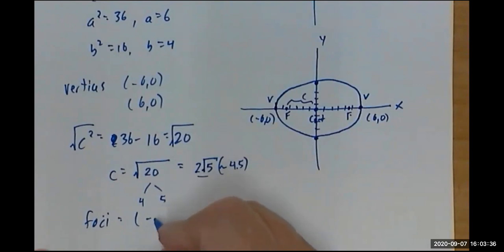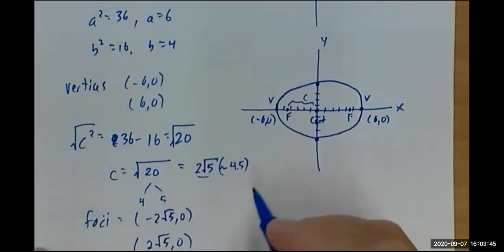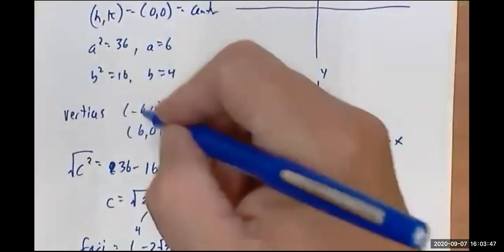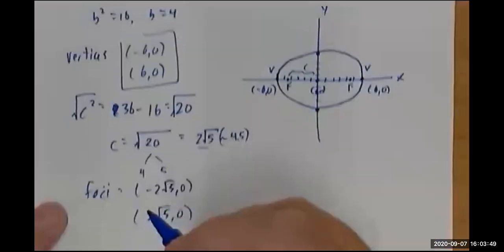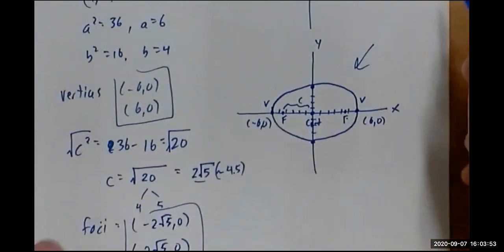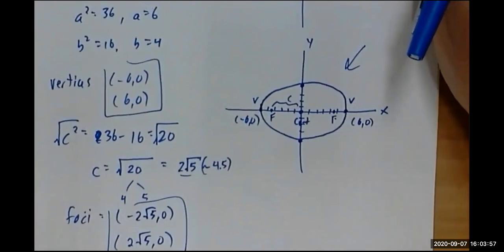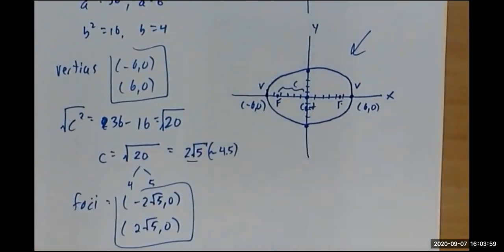So really it's negative 2 square root of 5, 0, and then a positive 2 square root of 5, 0. So here are the vertices. Here are the foci. Here's my graph. That's basically what they're asking for, I believe, in this problem.